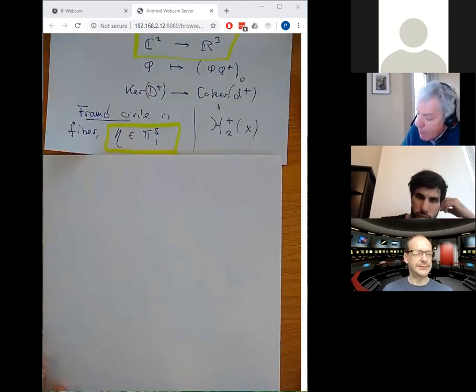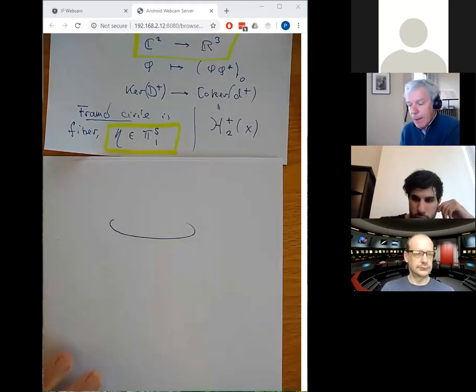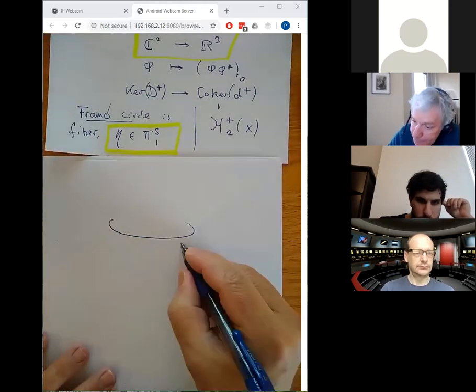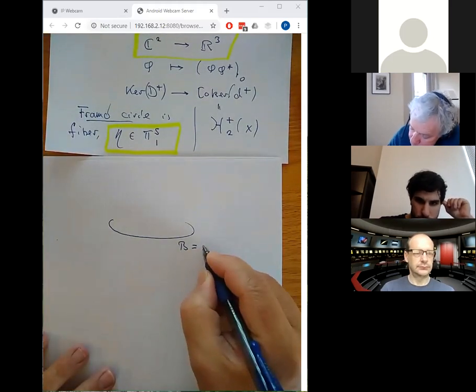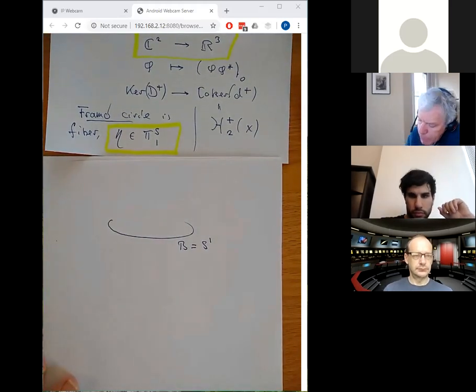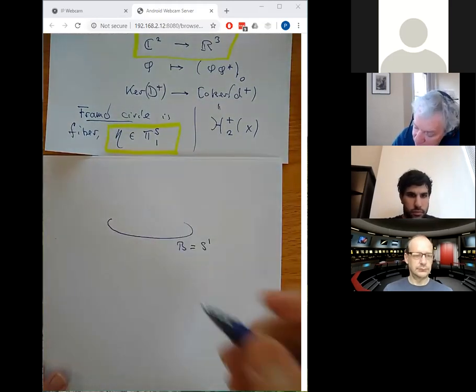But now let's take a family of K3 surfaces over the circle and do this over the circle B. B is the base here. This fiber bundle has fibers that are these K3 surfaces.